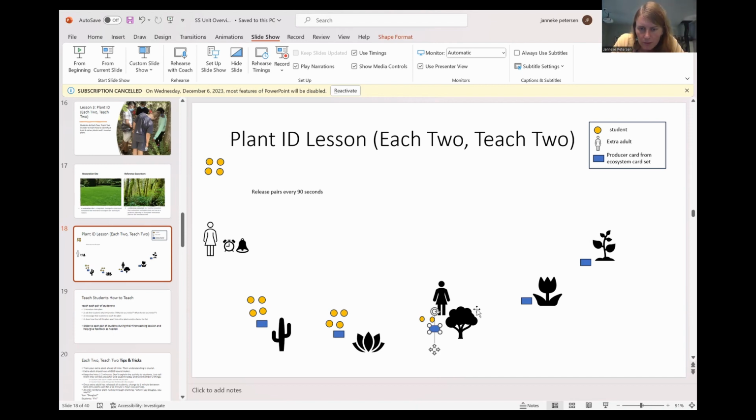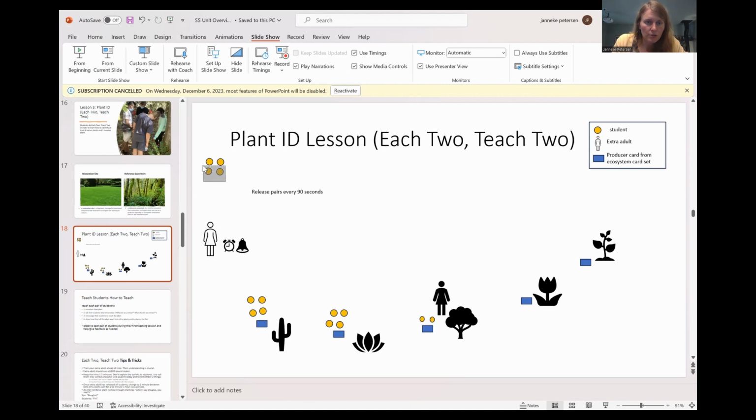Okay, so you're now teaching this pair about their plant, and you hand them the card. You say, okay, now you're the teachers of this plant. So they plant with their plant, and a minute and a half has gone by. So they hear ding, ding, ding.